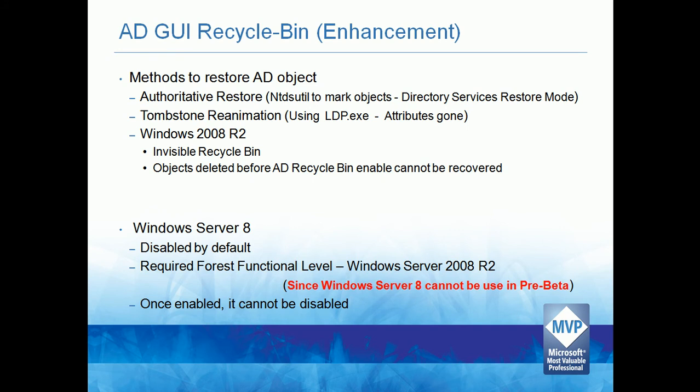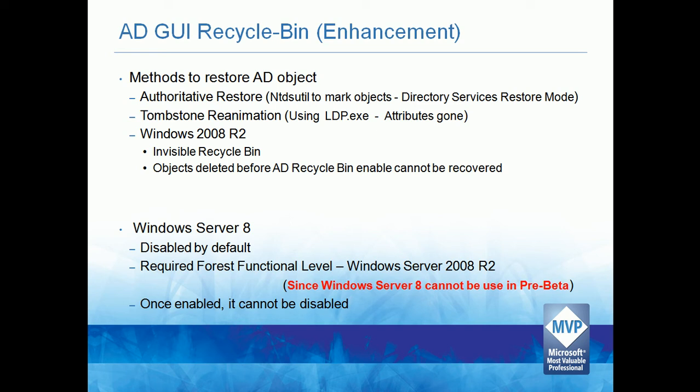Once you have your DC promoted, when we talk about Active Directory, you might accidentally remove objects. Yes, they have given you a prevent deletion checkbox, as in the previous version. But if you were to accidentally delete something, you can use different methods. One is authoritative restore.